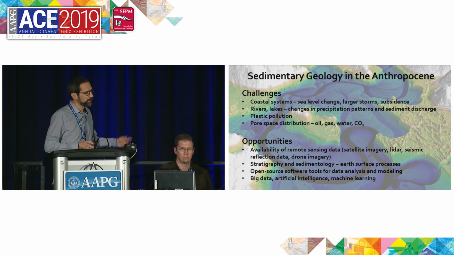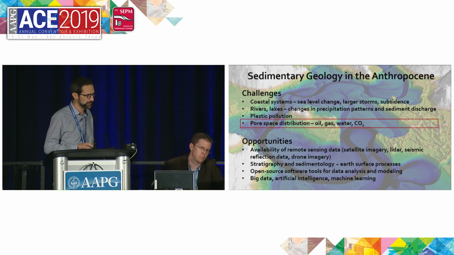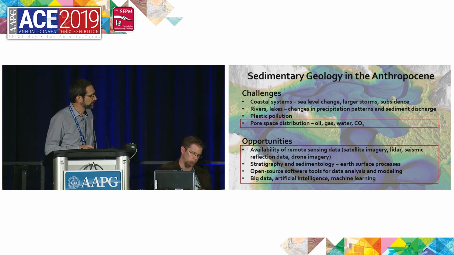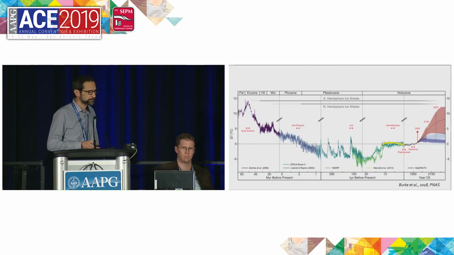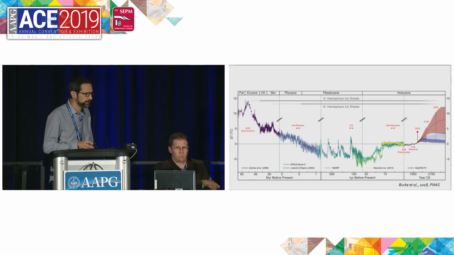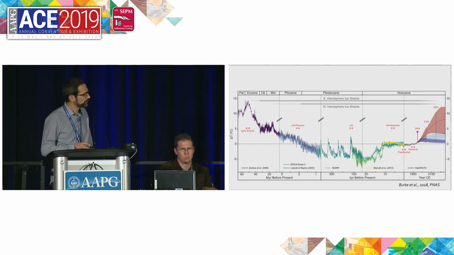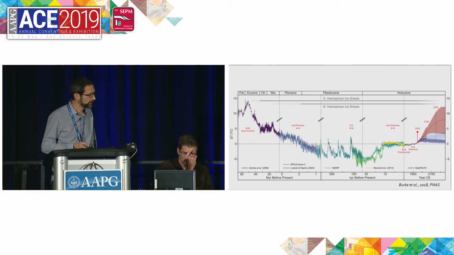Next, I want to expand on some of the things I actually know about a little bit, and that is pore-space distribution, and specifically related to sequestration of CO2, and touch a little bit on all these opportunities. So why is sequestration of CO2 a potentially very important subject to us sedimentary geologists?